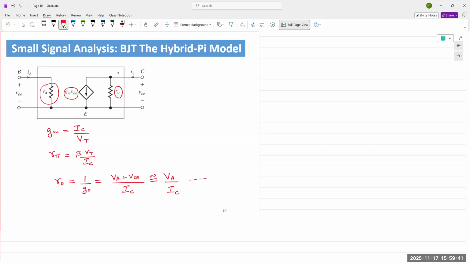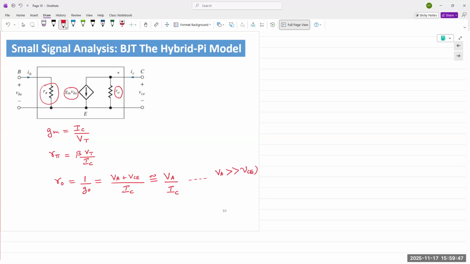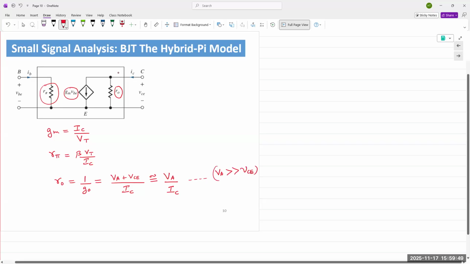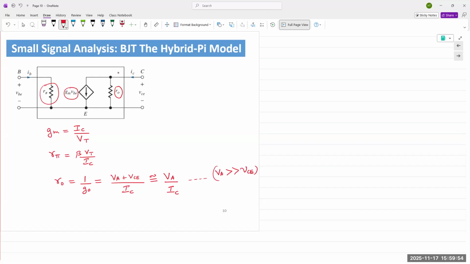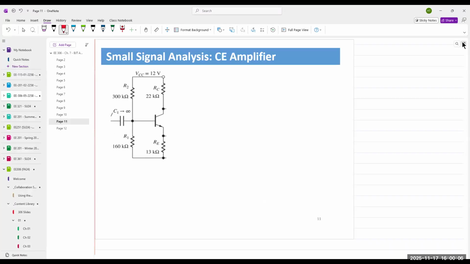And this was, let's see, what was I going to write here? VA is far greater than VCE. Okay. Small signal analysis of a CE amplifier.